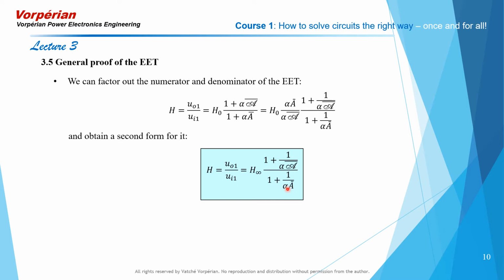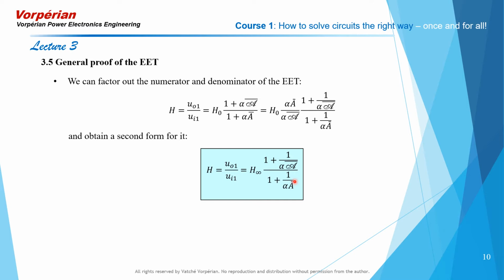Those values of script A bar and Roman A bar are computed the same way as we talked about before. The operational way of determining them has nothing to do with the way you take the extra element out of the picture, whether you let its value equal 0 or infinity.